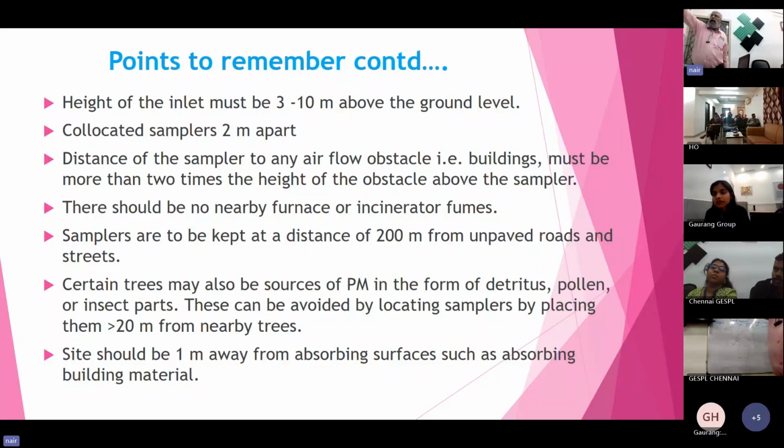Then collocated samplers should be 2 meters apart. If you are putting 2 samplers together, at least 2 meter distance should be there between one and another. This should be minimum 2 meters. I have seen photographs where 2-3 instruments are kept together and a photo is sent.